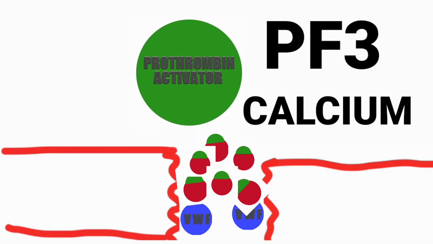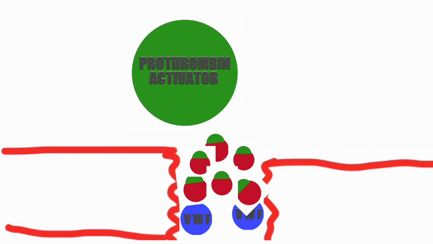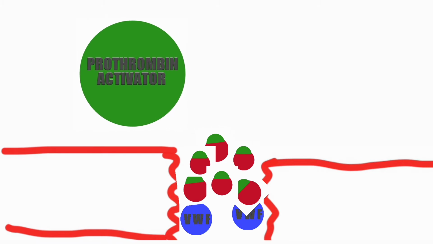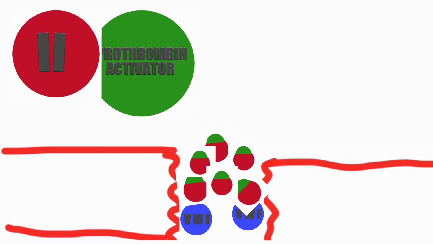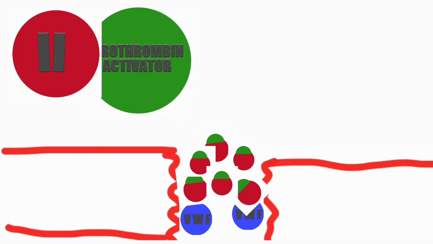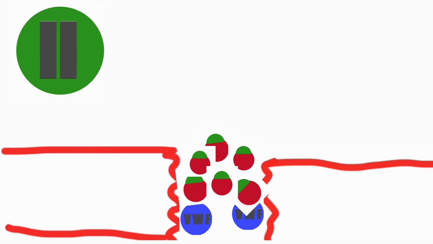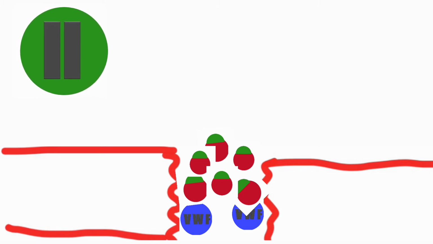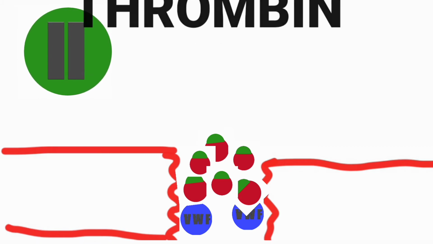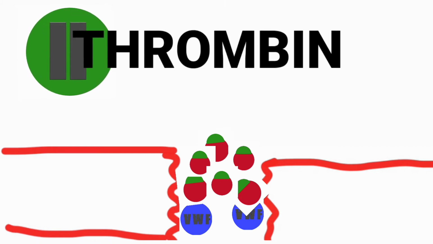So now in our cascade we have prothrombin activator. This prothrombin activator will then convert factor 2 from inactive factor 2 to activated factor 2, or in other words, from prothrombin to thrombin. So factor 2 is called thrombin.